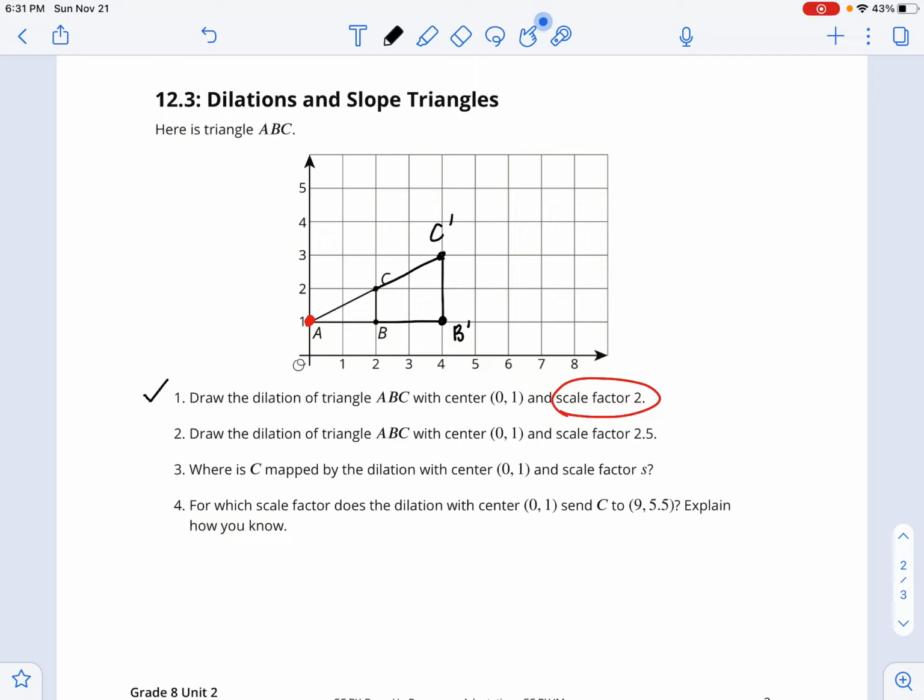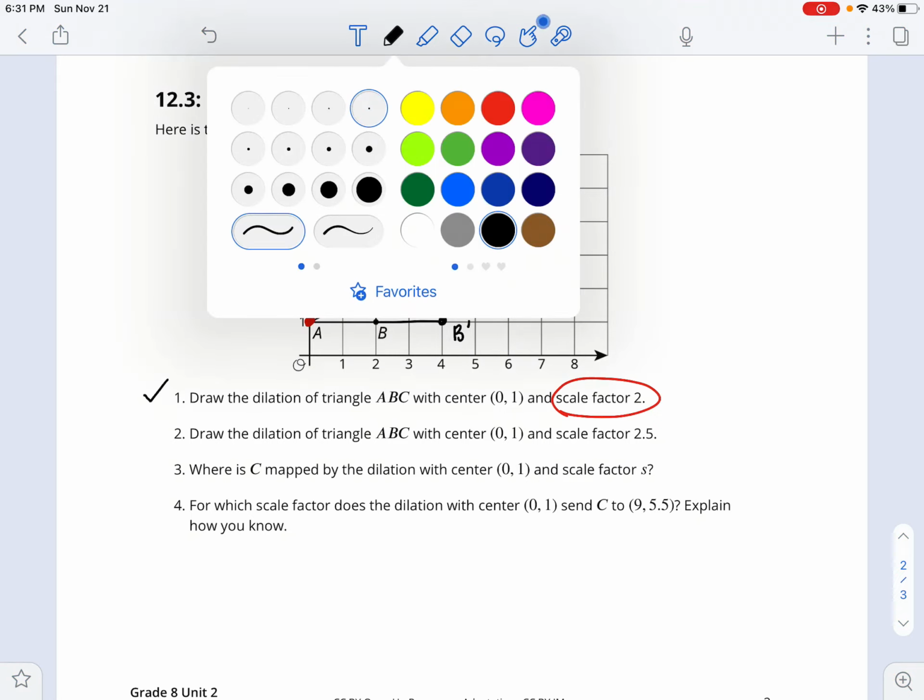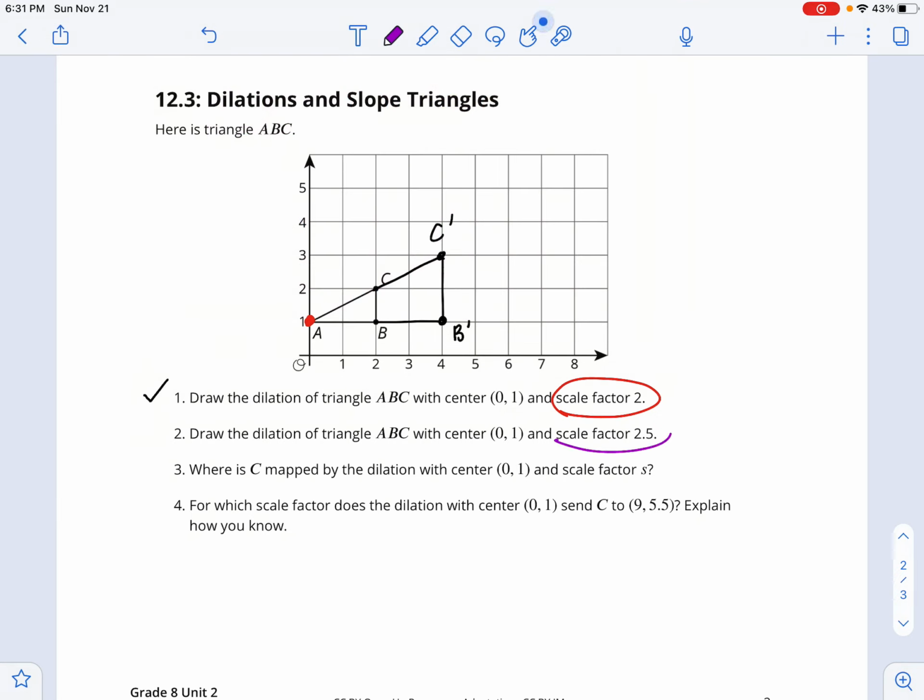The next question asks you to draw a dilation with a scale factor of 2.5. So go ahead and pause this video and give that one a try. So we know that instead of multiplying the locations by 2, we're multiplying the distance by 2.5.